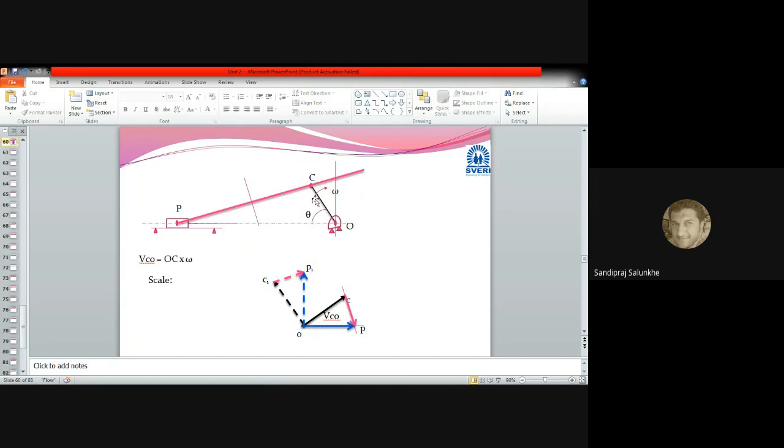Now come to the configuration diagram. Are we getting a similar triangle? I'm not saying exactly the same, it is similar.